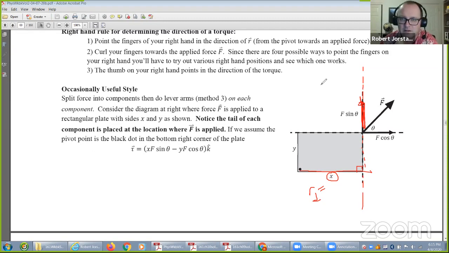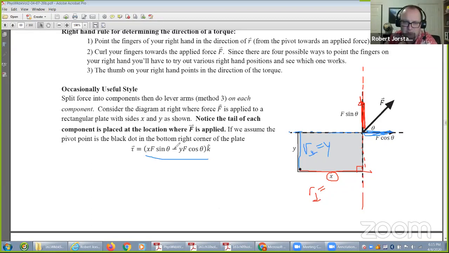Now you could do the same thing with the blue force. You have a blue line of action, and notice R perp for that one equals Y. And so what you did is you took a complicated force and you split it into two that are much easier to work with. So this gets you the torque from that one.